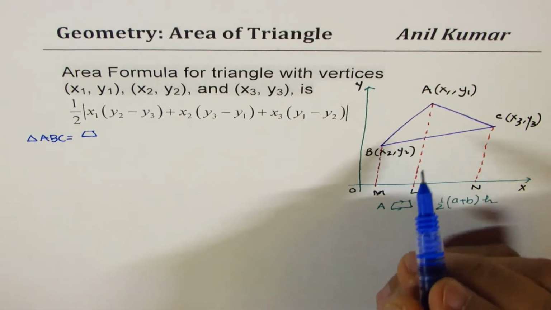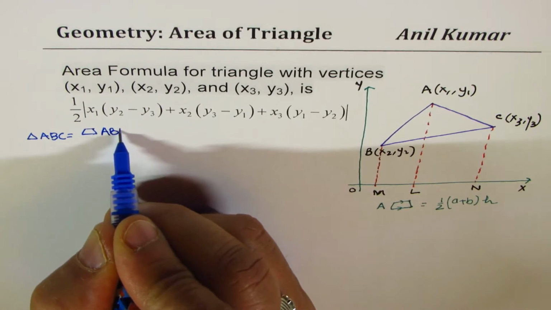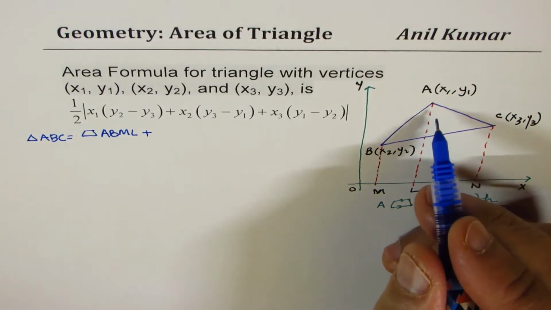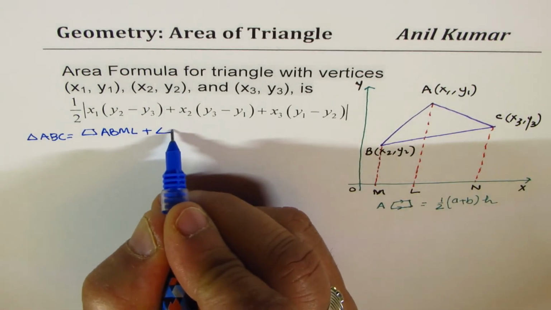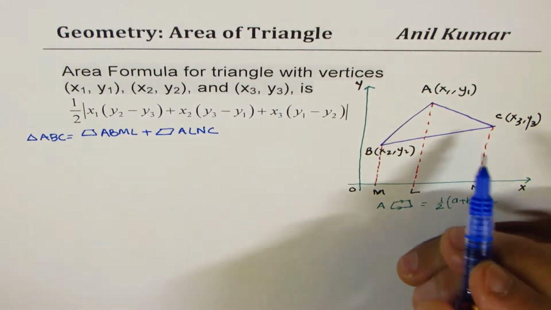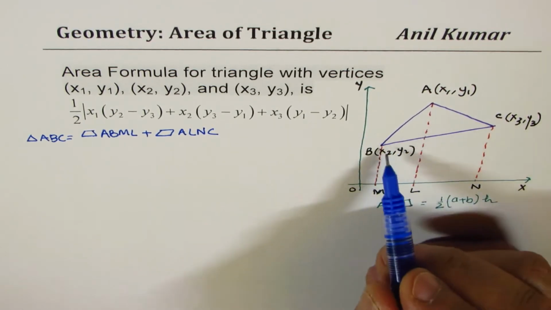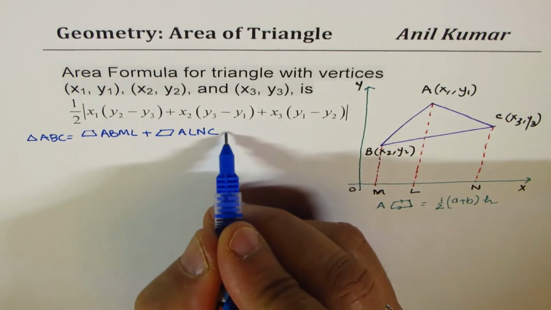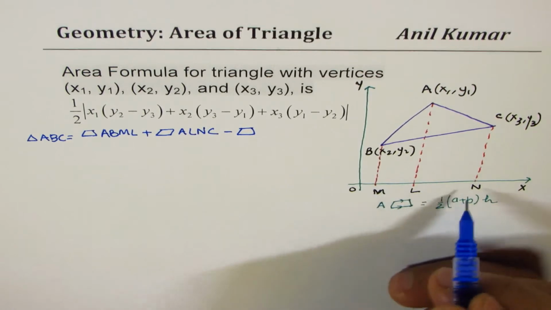So trapezoid, we say ABML. So this is first. The second one is ALC. So when we add that, we actually get all the area under the triangle. We have to take away the area of this trapezoid, correct? So we have to take away the area of the trapezoid BMNC.